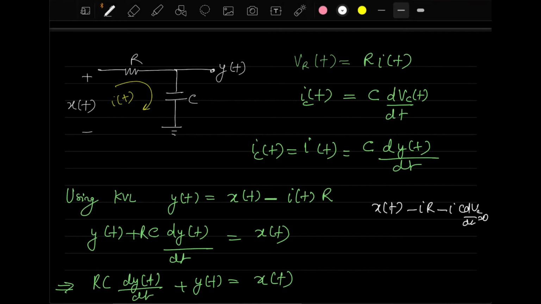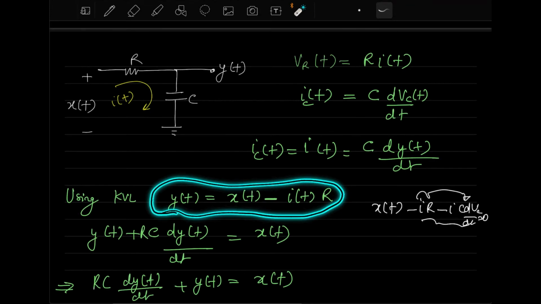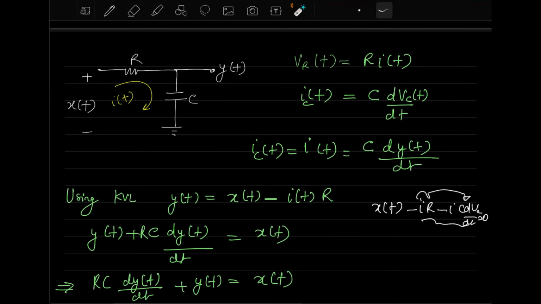Once you have this, you can bring these two terms onto the right side, and what you will get here is this one. It's as easy as that. Right now I'm not writing the capacitor voltage explicitly; I'm writing it as y(t). So this will be y(t) here.